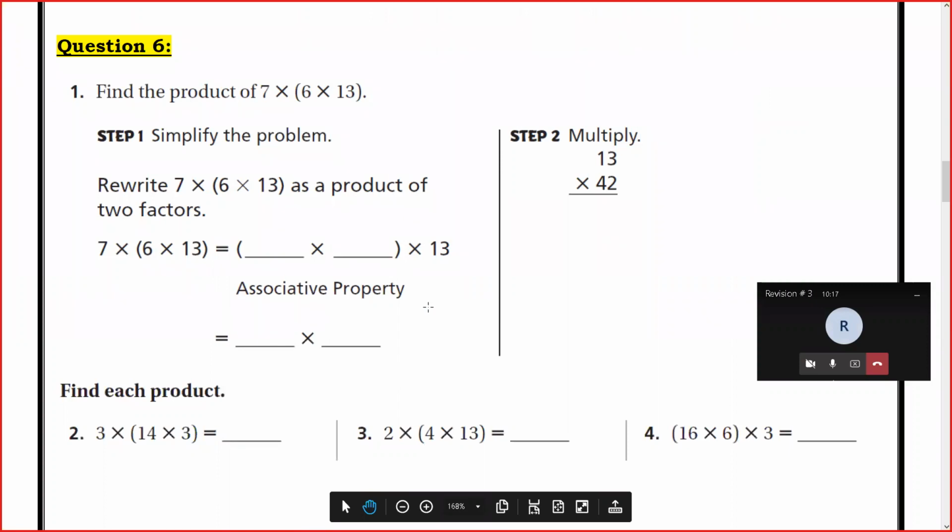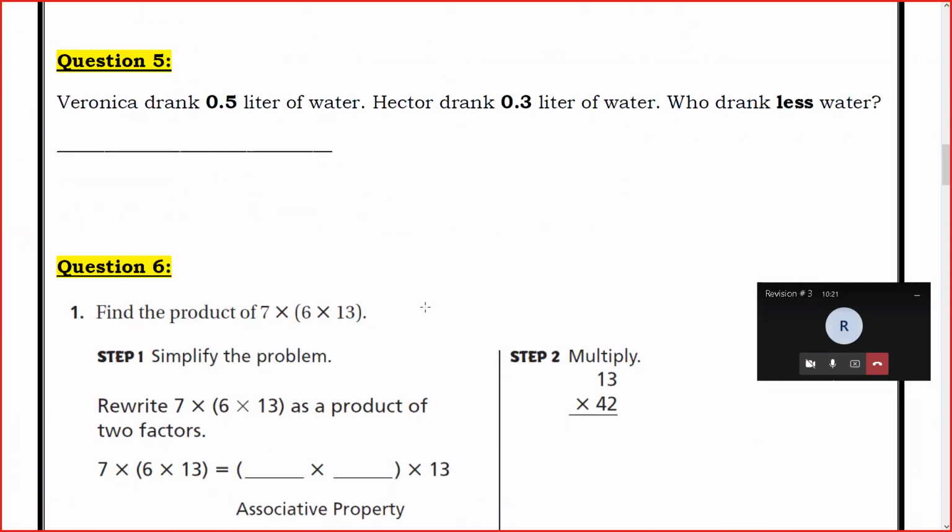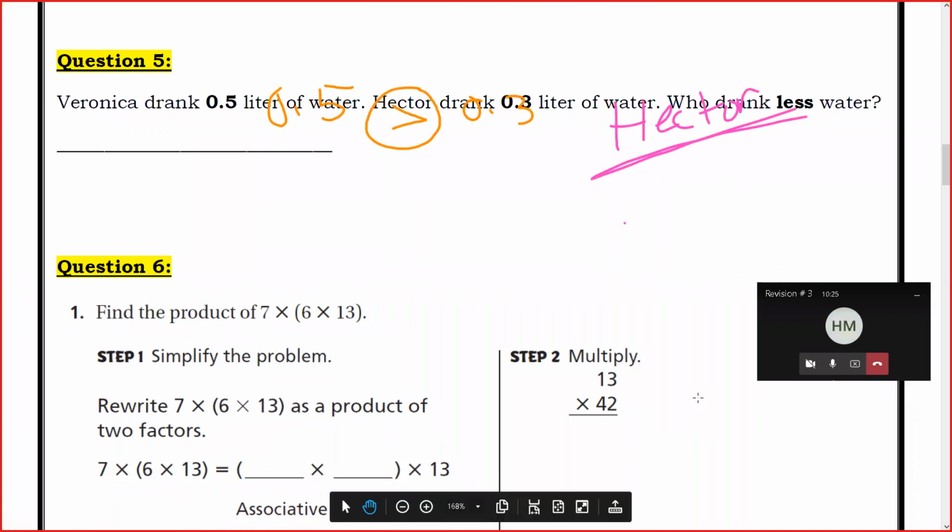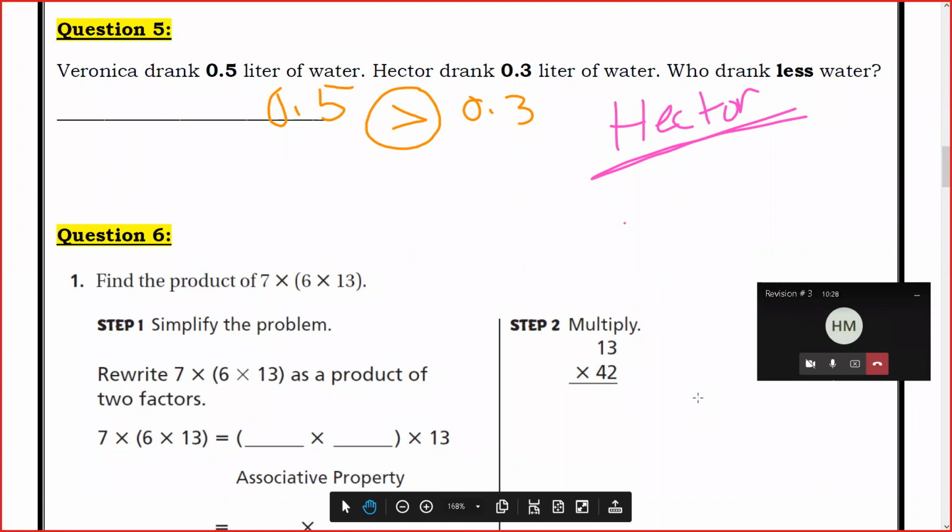No, teacher, I was just printing my sheet. That's it, yeah. Done, teacher, thanks. Very good.